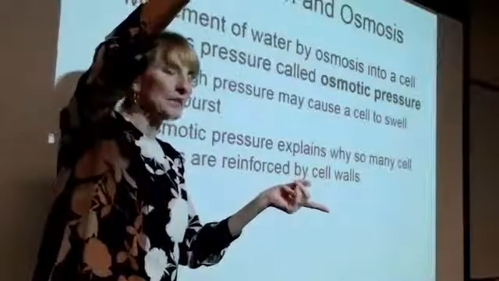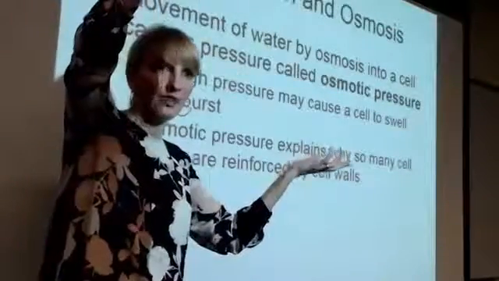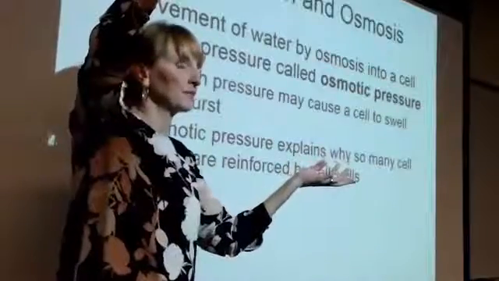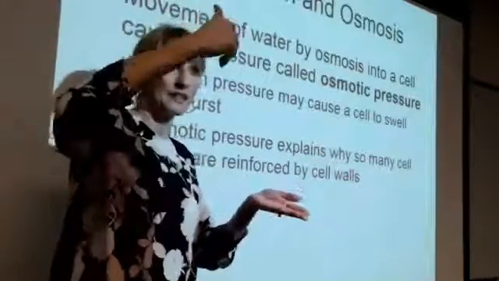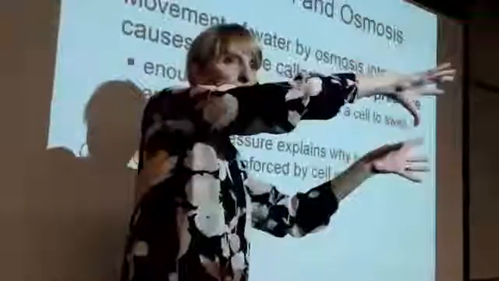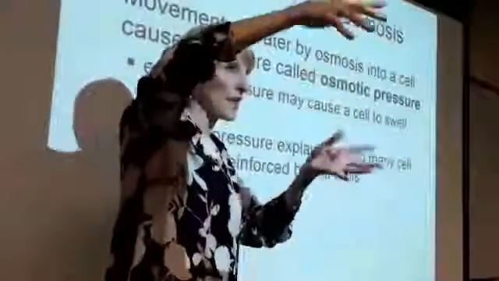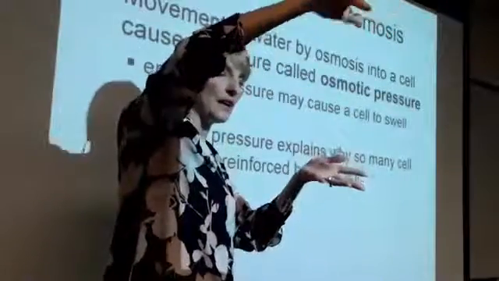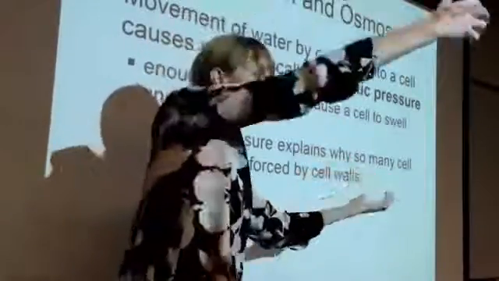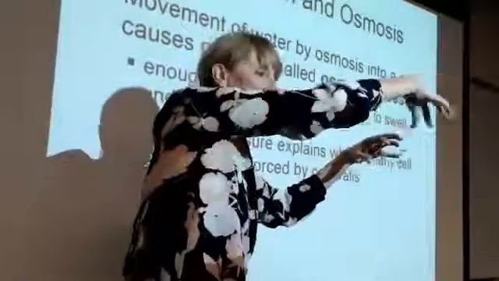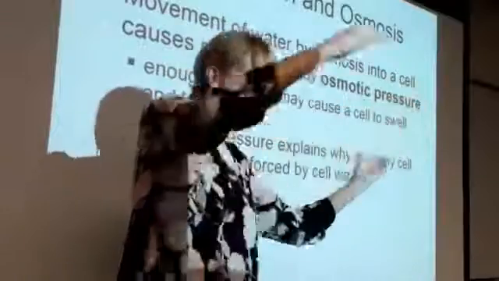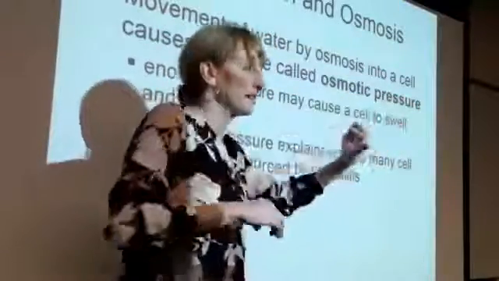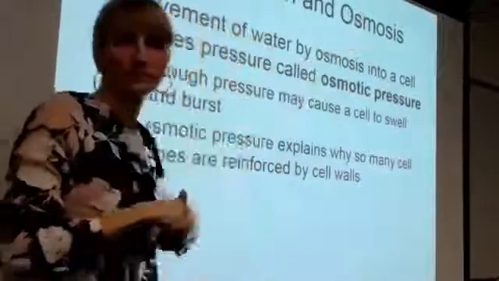At the same time, there's going to be a buildup of wastes in that area from all the cells that needs to be picked up. It can't go against the pressure, so that usually happens on the back end. So the net pressure is outgoing at the start of the capillary bed, but then the net pressure is in at the end of the capillary bed. And then it all comes back together and goes back into venous return.